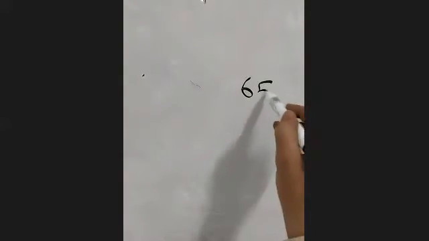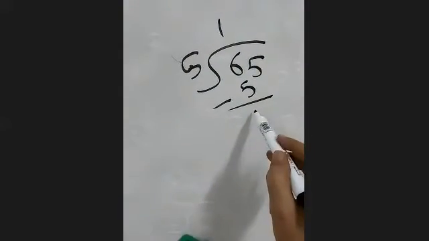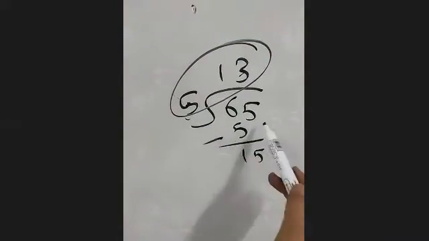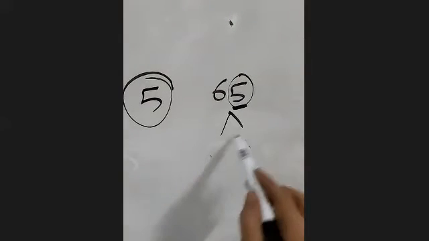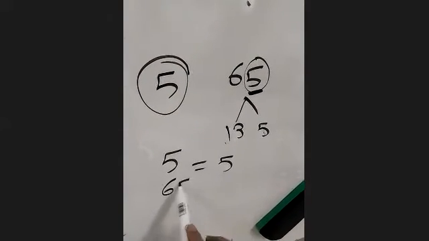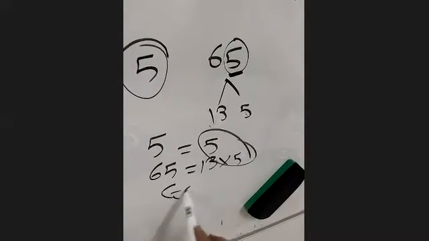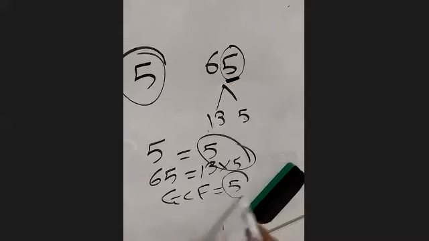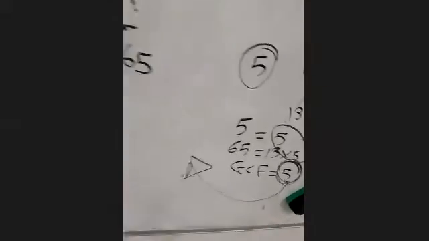So let's divide by 5. 13 multiplied by 5 is 65. So 5 equals 5, and the 65 is 13 by 5. The common factor is 5. So the GCF is 5.